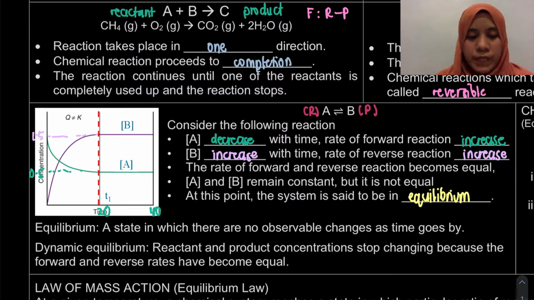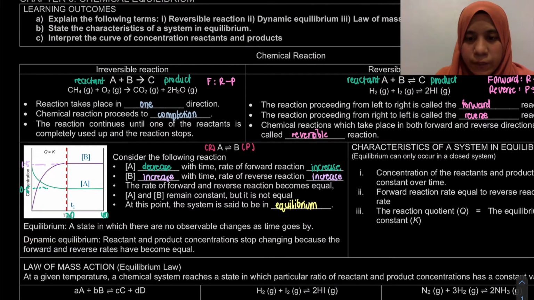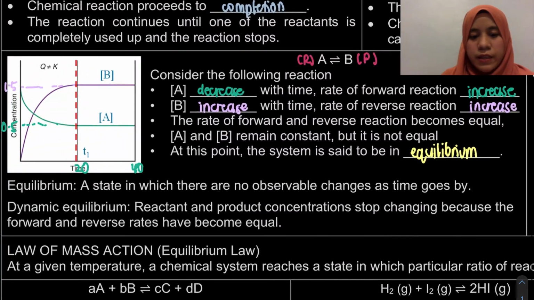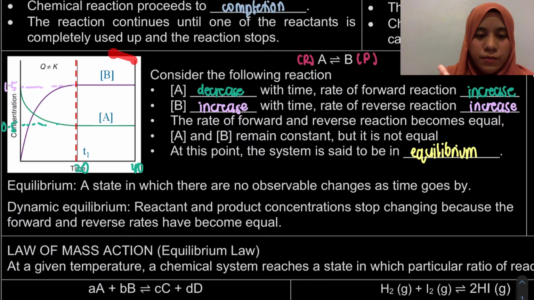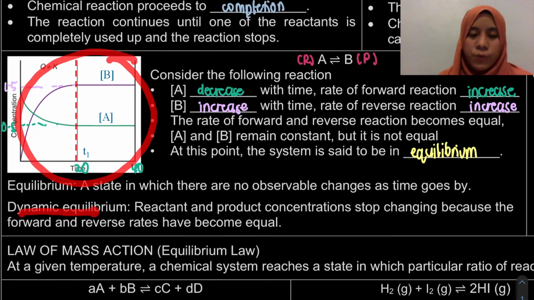Okay, or dynamic equilibrium. What is dynamic equilibrium? Specifically, the reactant and product concentrations stop changing because the forward and reverse rates have become equal.